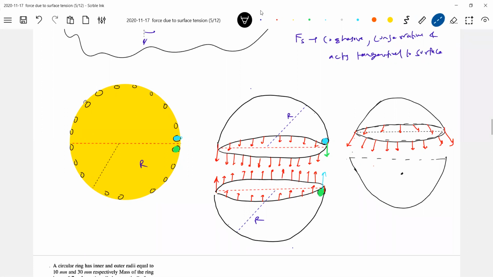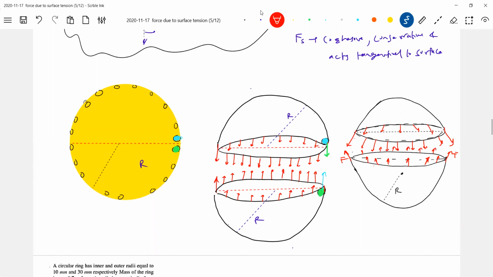This is the radius. This is the radius. Tell me how the force will be. The force here will act like this. Getting the idea?